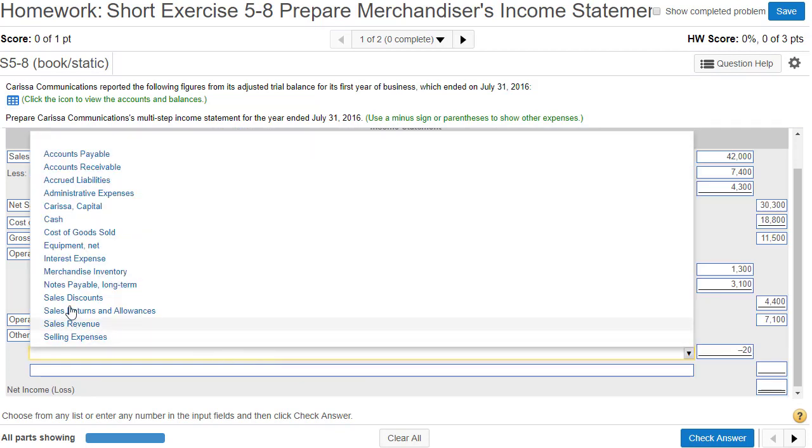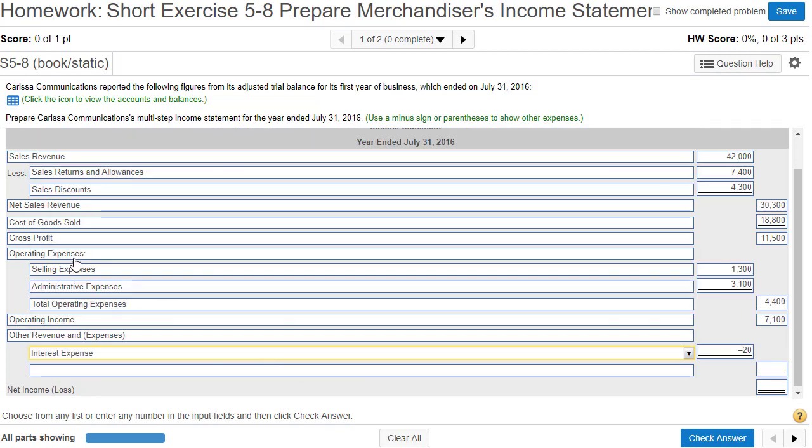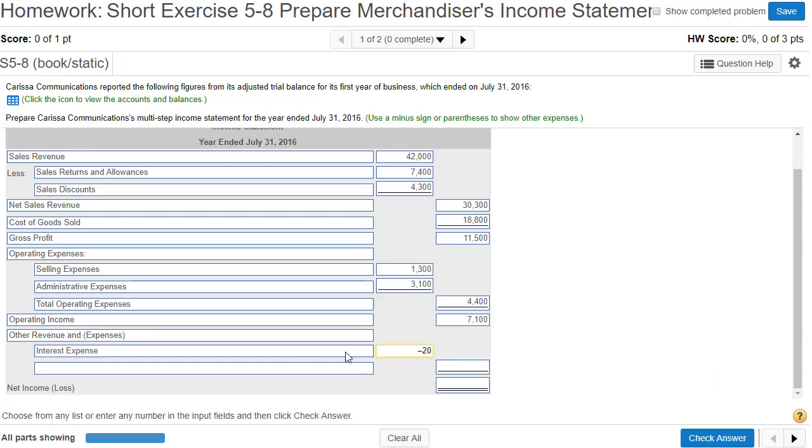Excuse me, this is called interest expense. The reason companies put something like interest expense down here below operating income is that interest expense is not a main part of their operations. The same way if they had interest revenue, it is not a main source of revenue for this business.